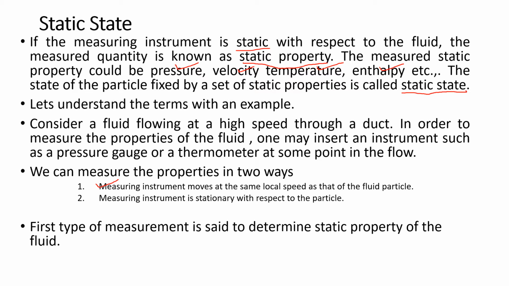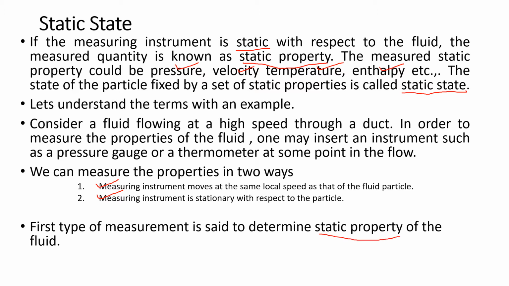The second method is the measuring instrument is stationary with respect to the fluid particle. So you are just inserting the instrument into the duct and holding it there. That is the second method. The first type of measurement is said to determine static properties of the fluid.